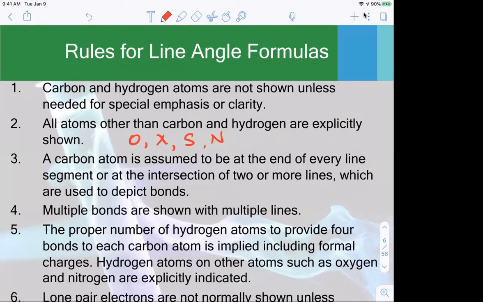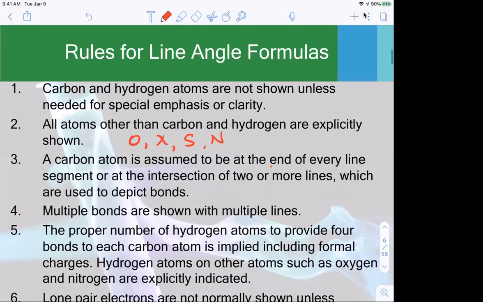The carbon is assumed to be at the end of every line and at the intersection of 2 or more lines. So what I'm going to call this is I have carbon at the ends and the bends.